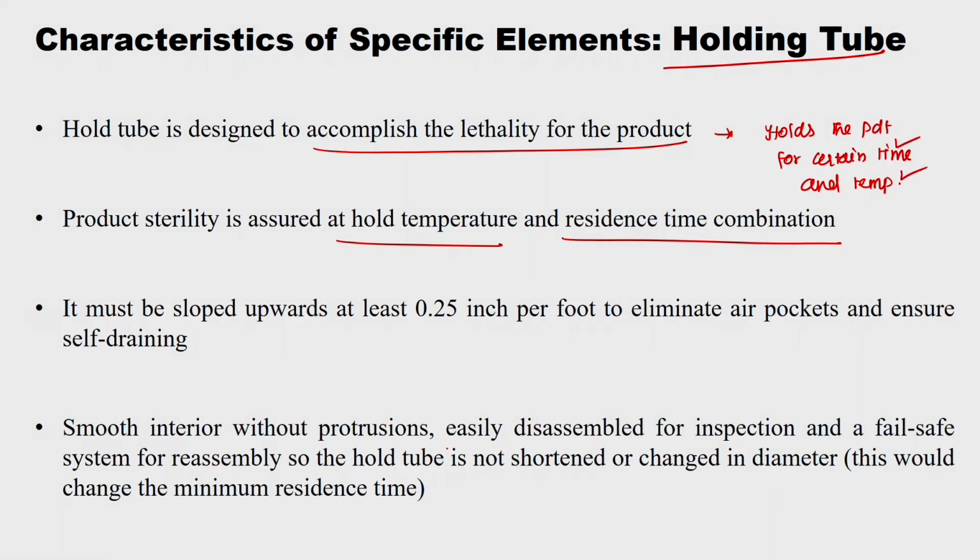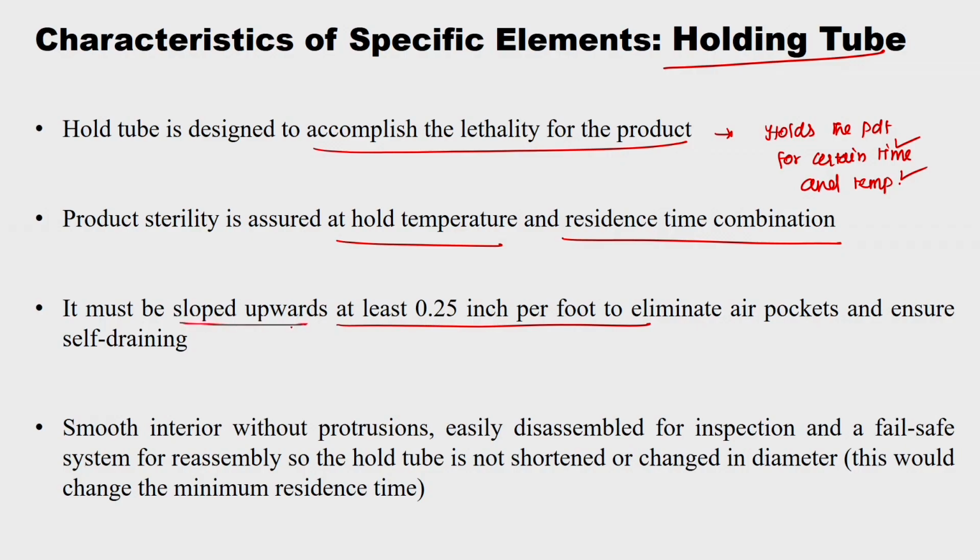And in one of the lectures I also mentioned the safety concern, this is very much important, because it is sloped upwards at least 0.25 inch per foot to eliminate air pockets and ensure self draining, because if there are any milk pockets staying in the holding tube, that also leads to further contamination.